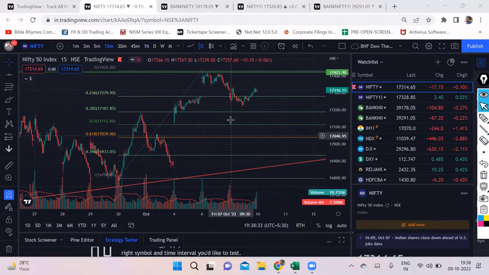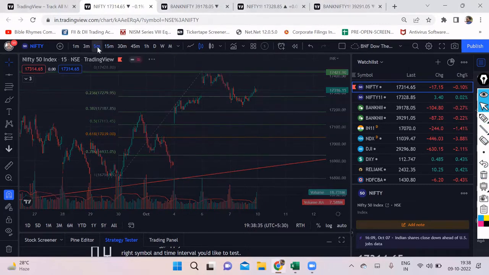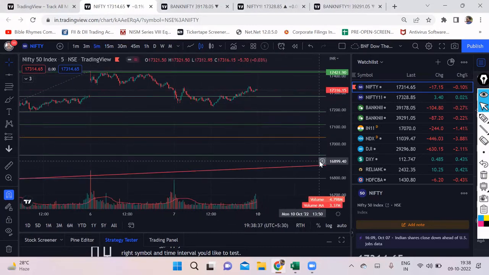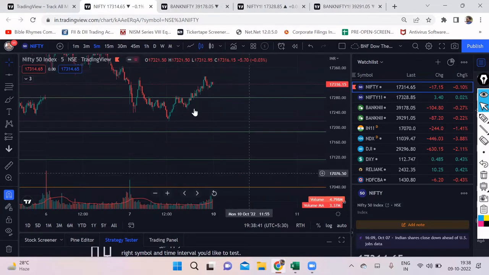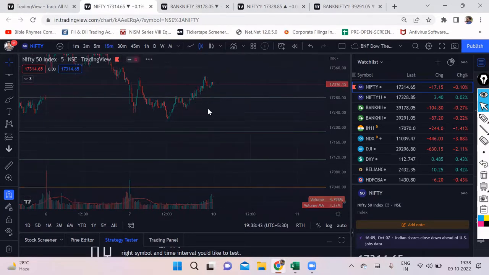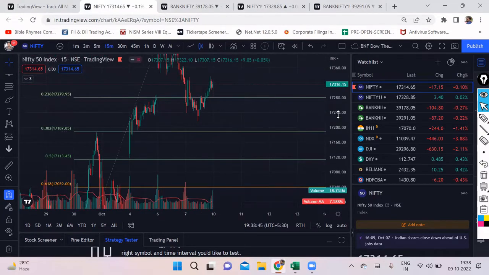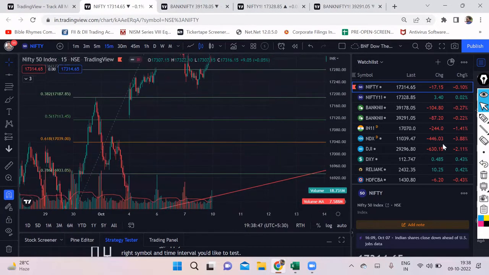In the 15 minutes chart, this looks like a small level, but when we move it to a 5 minutes chart, it's a big space. So what we need to check is, in case they open somewhere here, they'll break it, and we need to see if they are regaining this 0.5 level.